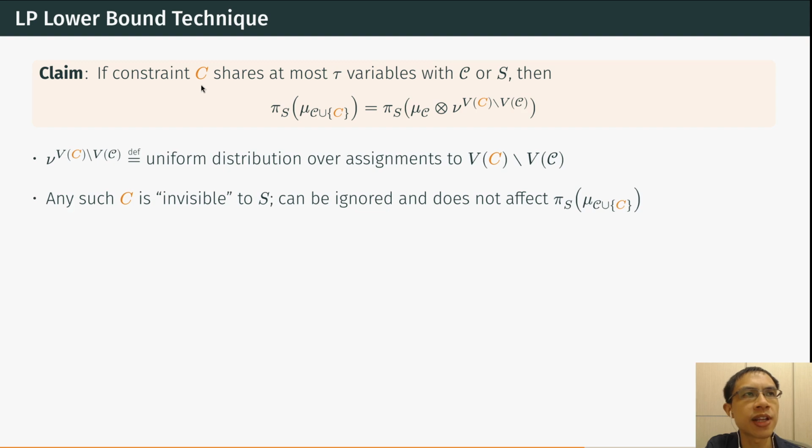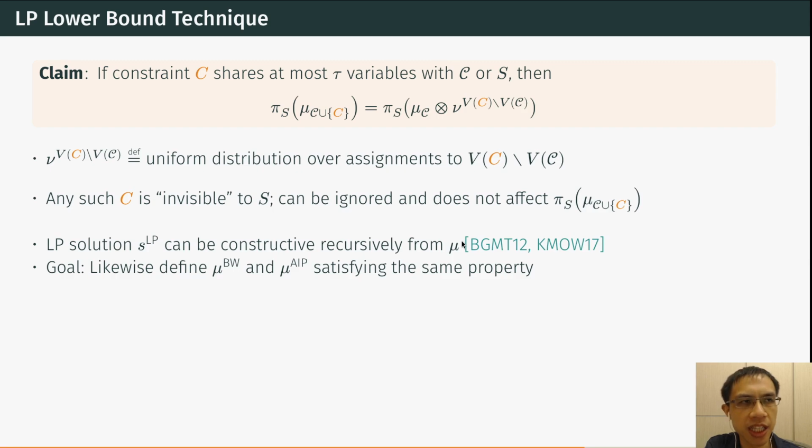The distribution mu satisfies the following crucial property. If some constraint shares too few variables with other constraints or with S, then after conditioning on S, the constraint C becomes invisible and can be replaced with an independent uniform distribution on variables unique to C. So any such constraint can be ignored and it does not affect the marginal distribution on S. Using this property, an LP solution can be constructed recursively.